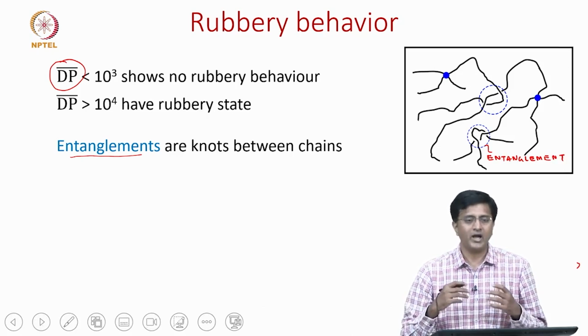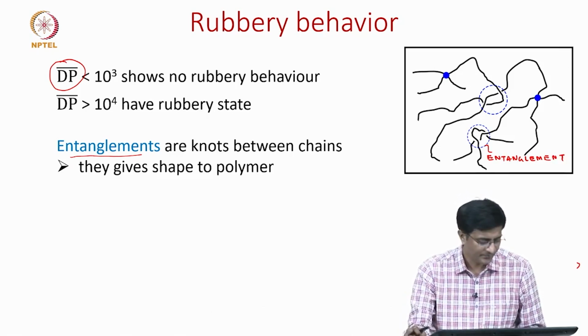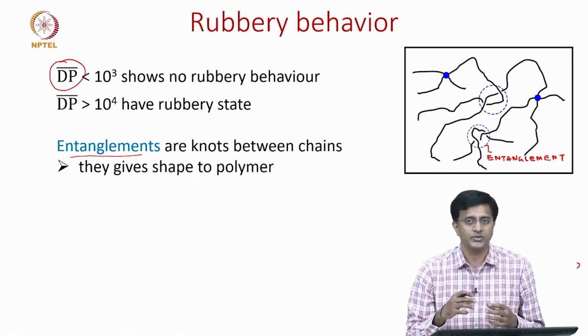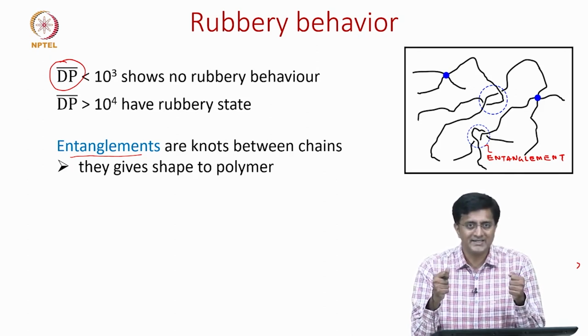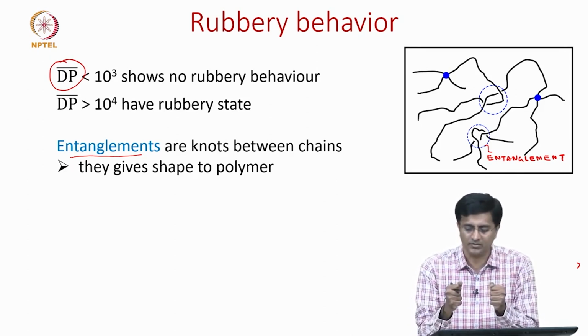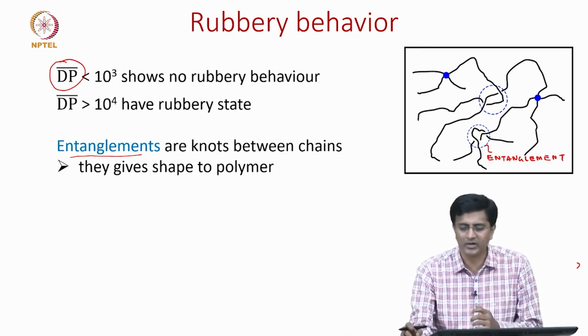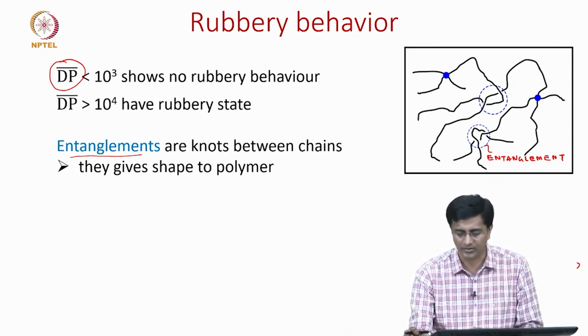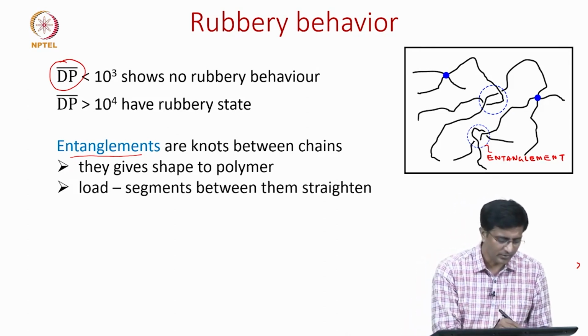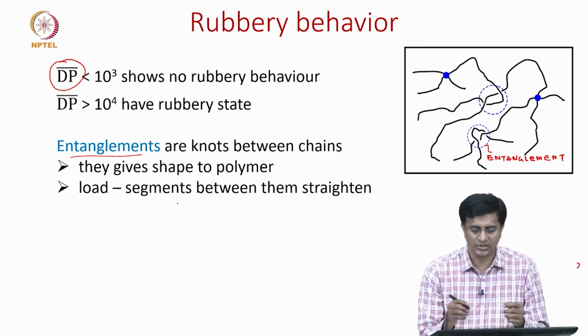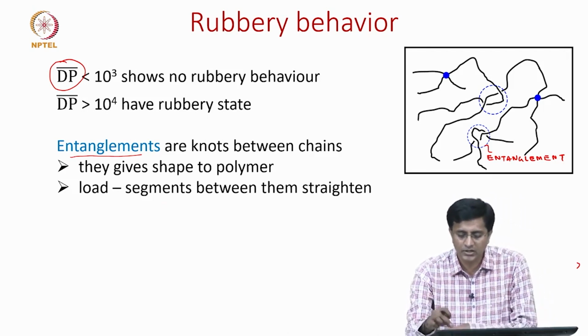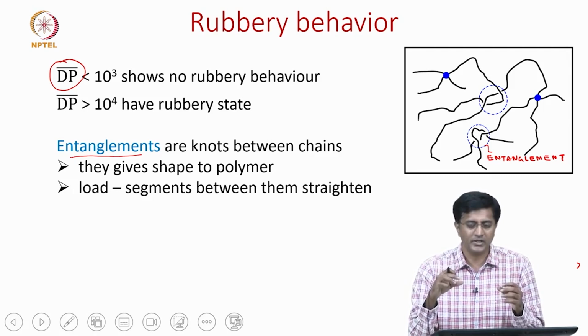Okay. But what happens at these entanglements? They give shape to the polymers, which means once you load, these entanglements will help bring the polymer back to the original shape. But let us look closely at what happens during loading and unloading. During loading, the segments between them straighten, which means, let us say these are two different entanglements.